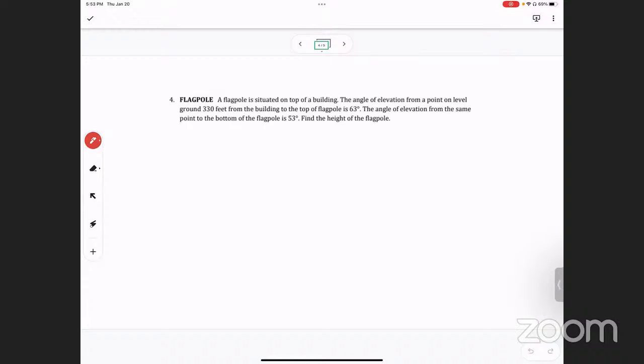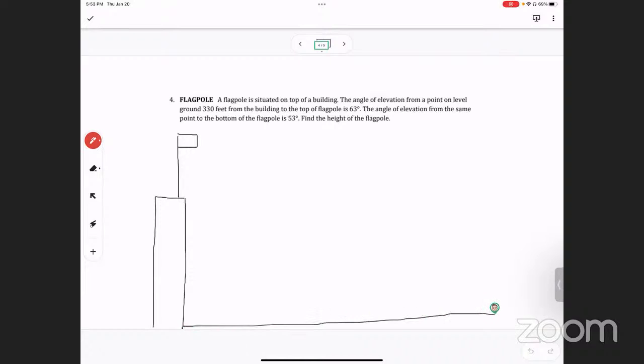Okay. So you got your building here. And then on top of the building, you got a flagpole. And then, so the angle of elevation will be down. Actually, I'm gonna draw this a bit up, just because I gotta write underneath it.